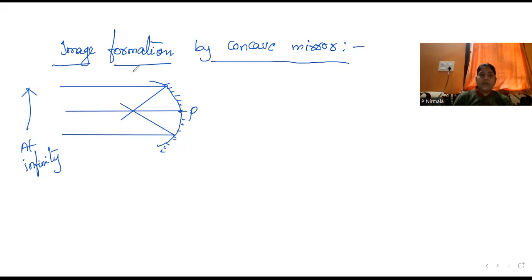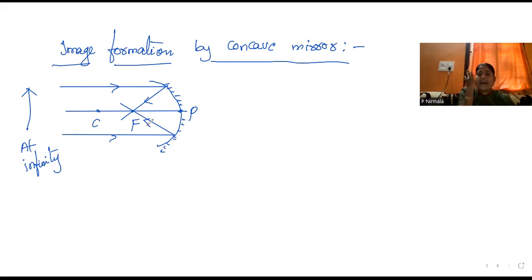Now we are discussing the image, where the image is forming. If we are keeping the object at infinity, where the image is forming, that we need, right? So the image is forming at the focus point. How is it? We can see this. It's a highly diminished point size, highly diminished.